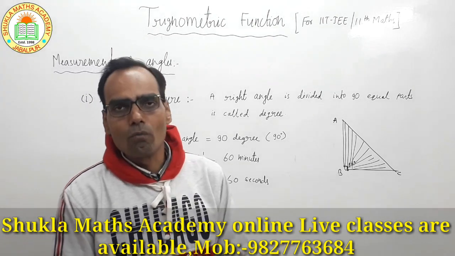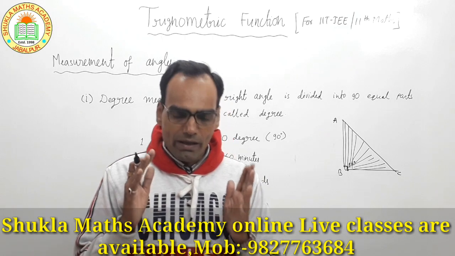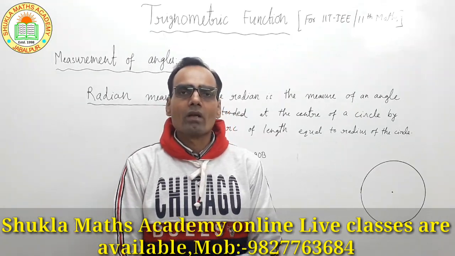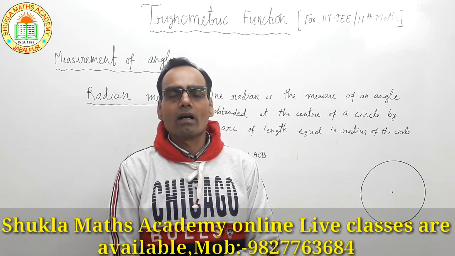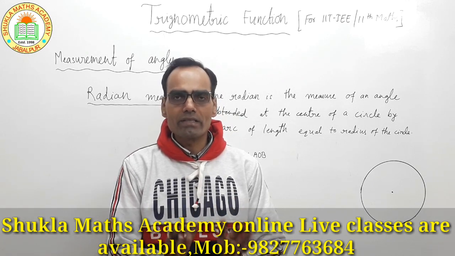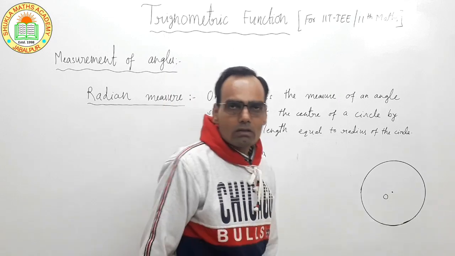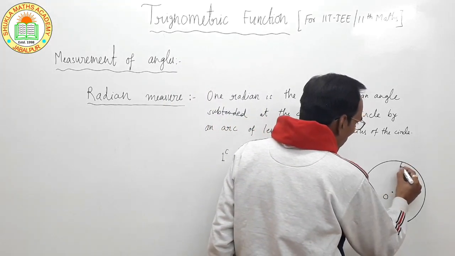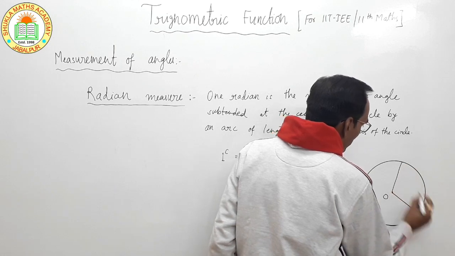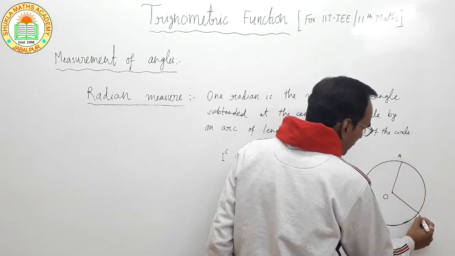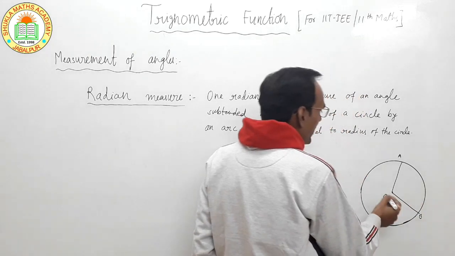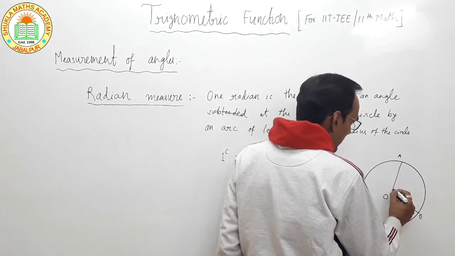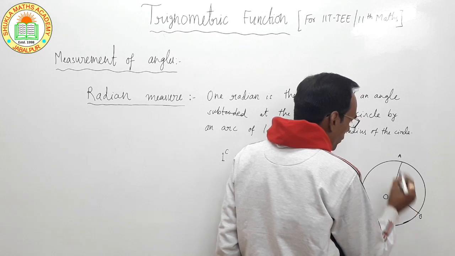And after that we will see the radian measure of an angle. When we define the radian, we will consider a circle because the radian is a circular measurement. Let a circle with center O, and OA and OB are two radii making an angle with the arc AB, that is the angle AOB.